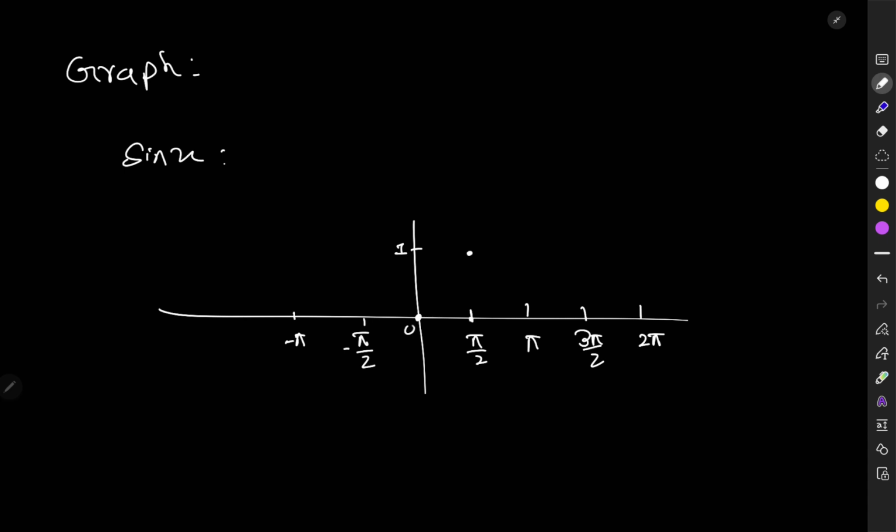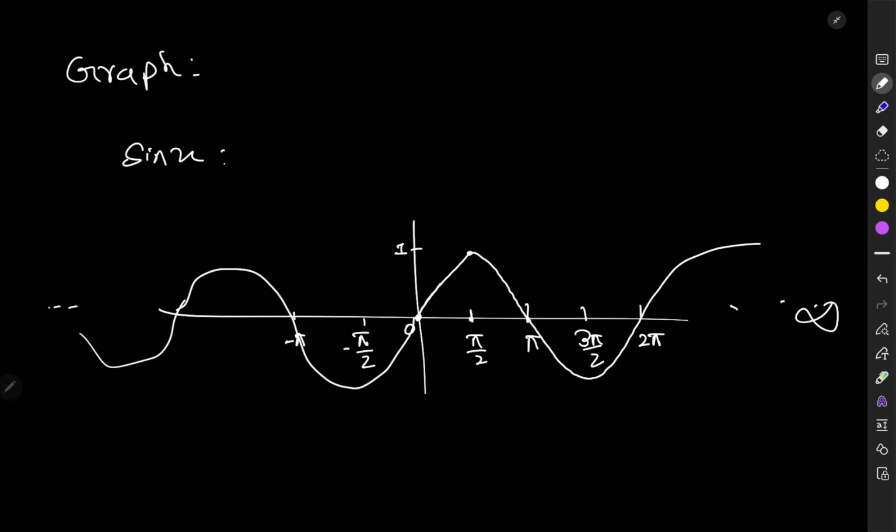At 0 it will be 0, that's it. And at pi also it will be 0. So you will be drawing a graph something like this and continue till infinity, fine. Similar to this you will also do it here, and continue this also till infinity. You can clearly see the range is from minus 1 to 1, right?